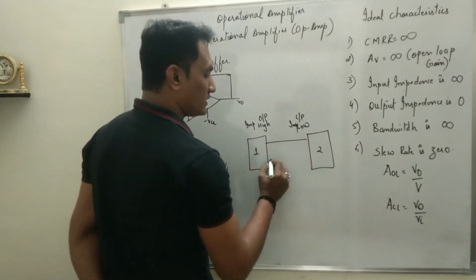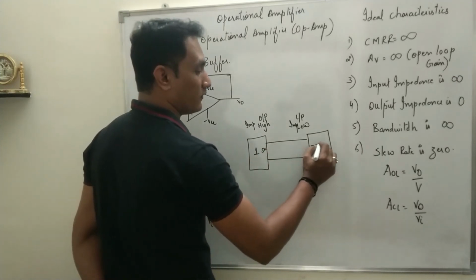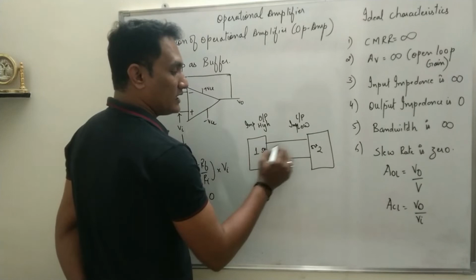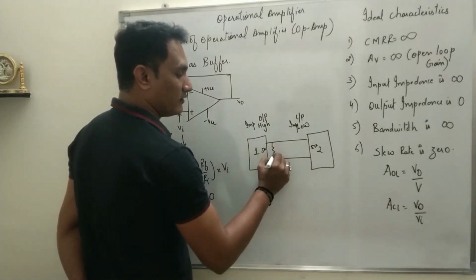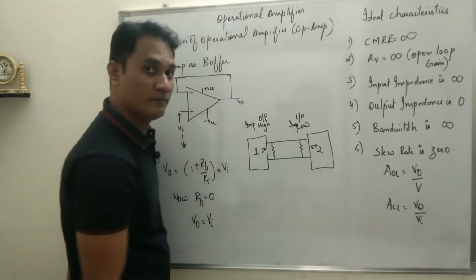Now if these two circuits have to be connected, say 5 volts of this is transferred to the second circuit. But what happens is, as soon as you connect these two circuits, the output impedance of the first circuit, say I will draw it as a resistance, and the input impedance, they come in parallel.